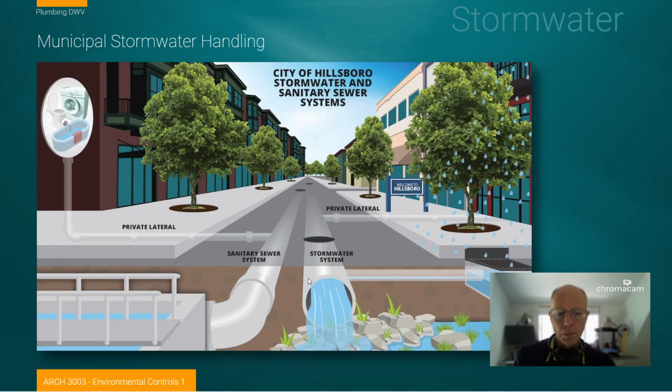So in many cases in urban environments, we're fortunate enough to have both of these systems, but as we've looked at with the rural areas, we need to create sometimes private septic systems. We also need in rural areas or undeveloped areas to create retention systems for our stormwater.